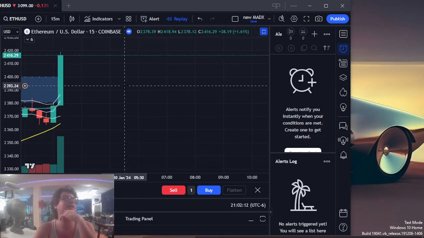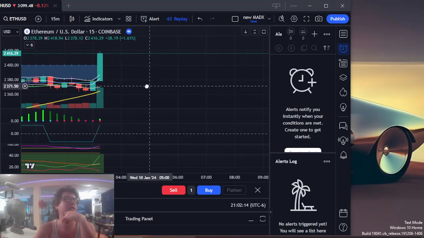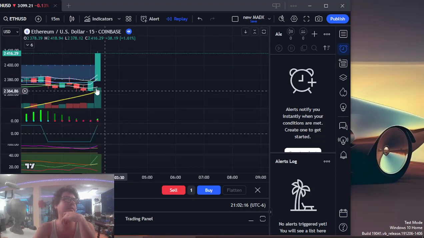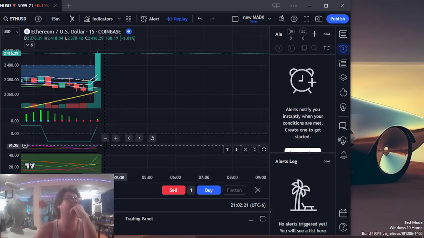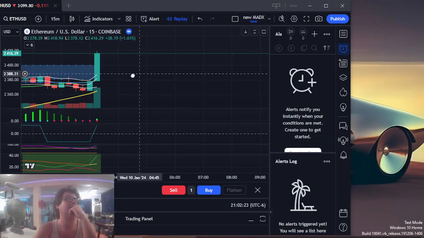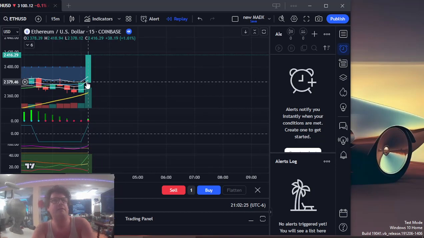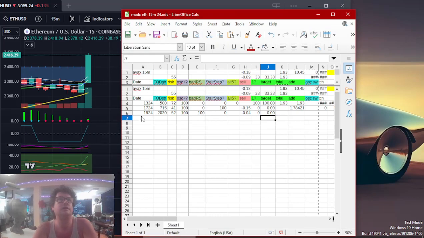Come on, baby! It's actually the wrong volume pattern, but 1, 2, 3, 4. So let's see here.